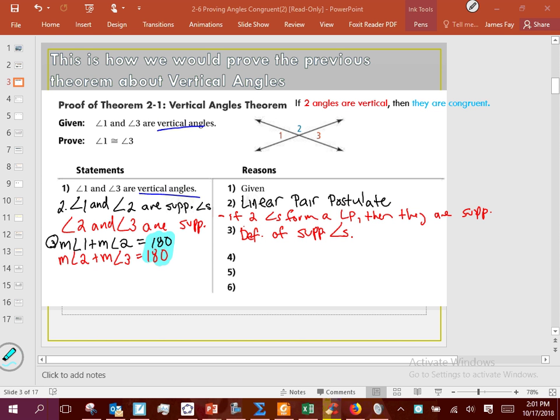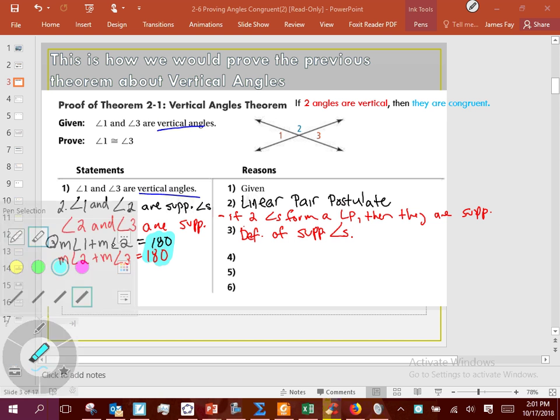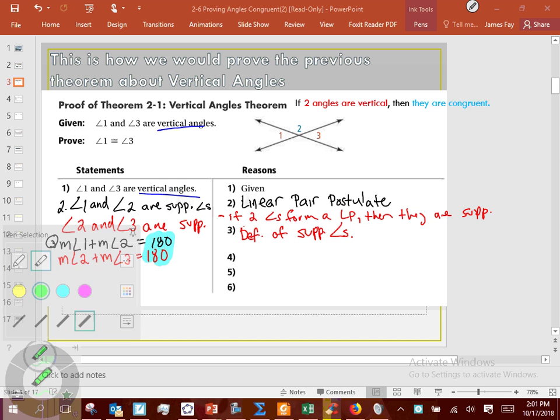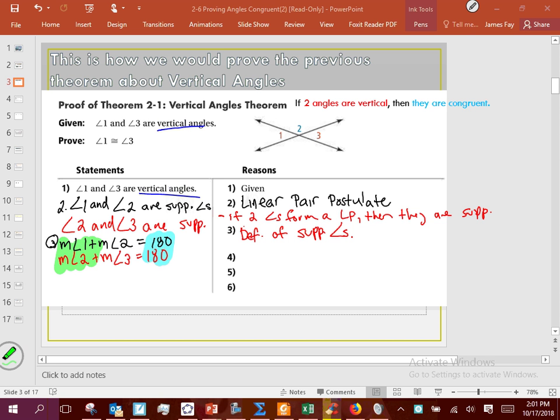So if those two things that I highlighted are the same, what can you do with these things? Okay, so I should be able to say that measure of angle 1 plus the measure of angle 2 equals the measure of angle 2 plus the measure of angle 3, right?